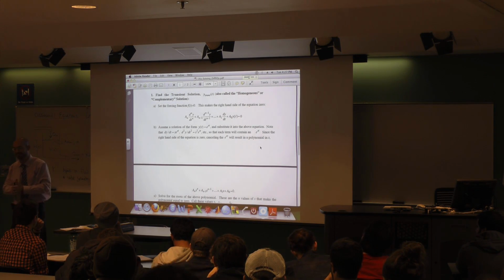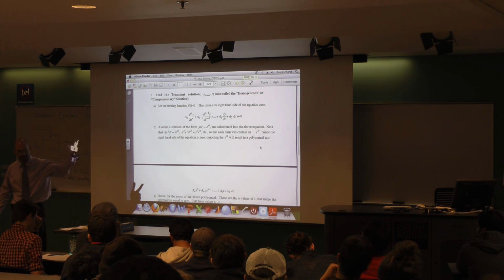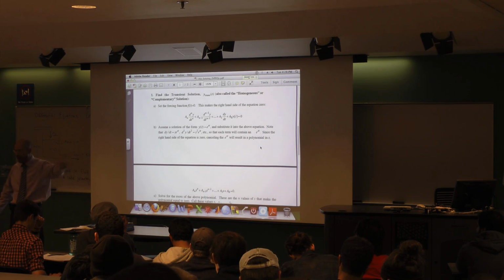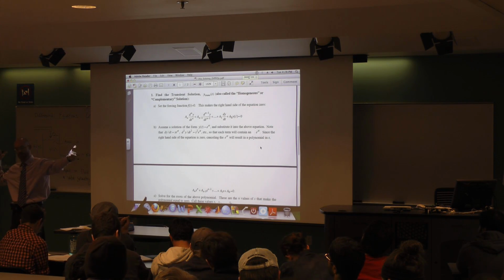Decays to nothing. It's transient, right? So we call this the transient solution because of the nature of the functions that work for this. It's functions that die out over time. Transient behavior, decaying capacitor, leaking fluid out of the bucket.